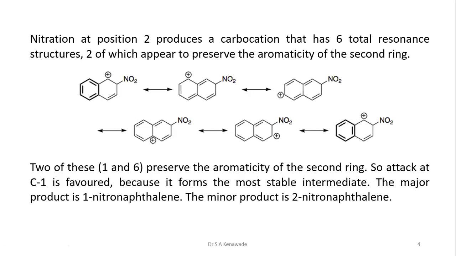These 2, 1 and 6, we can see carefully that in this ring the aromaticity is maintained. So attack at the C1 position is favored because it forms a more stable intermediate. The major product is 1-nitronaphthalene and the minor product is 2-nitronaphthalene as per the theory.